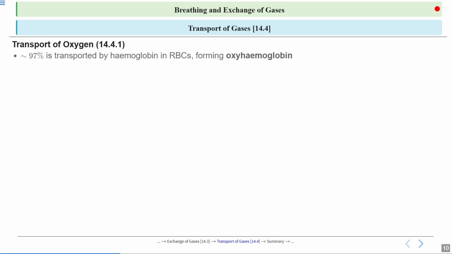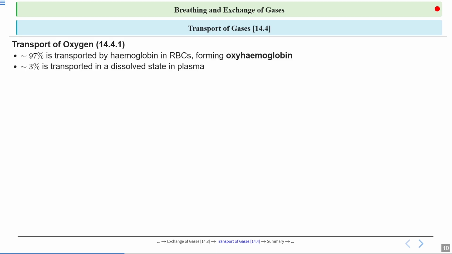Transport of oxygen. 97% is transported by hemoglobin in RBC, forming oxyhemoglobin. Now see the percentage. When oxygen combines with the hemoglobin, it is called oxyhemoglobin, right? 3% is transported in a dissolved state in plasma.